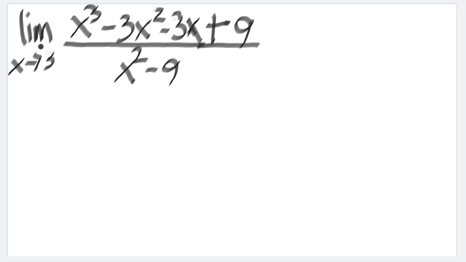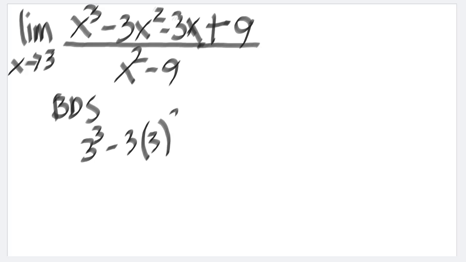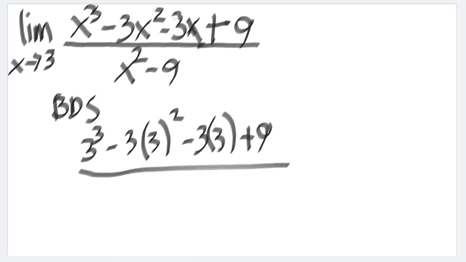Of course, our direct attack here is by direct substitution. So by direct substitution, I just have to substitute 3 cubed minus 3 times 3 squared minus 3 times 3 plus 9 over 3 squared minus 9.